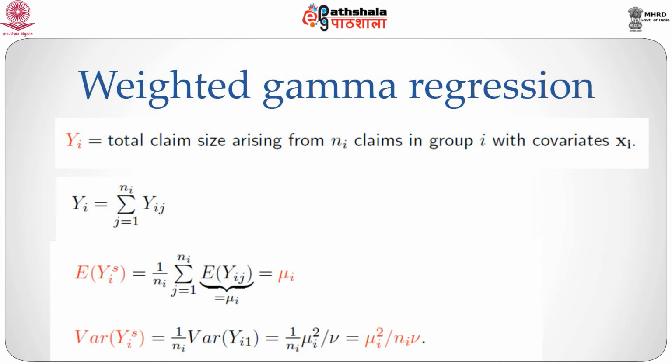Now, if yij's follow gamma(mu i, mu) independently, we know that this means expectation of yi star is equal to mu i, and variance of yi star is mu i square by ni times mu.